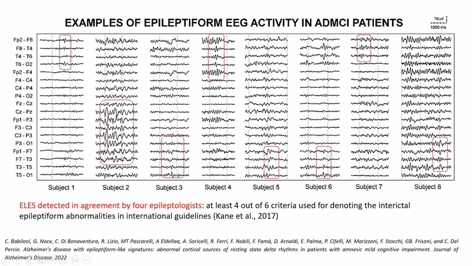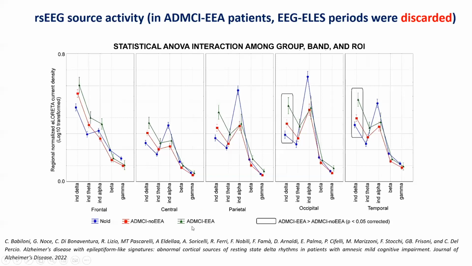And when you compare Alzheimer's disease patients with this kind of epileptiform activity in green and patients with Alzheimer's disease MCI but no epileptiform activity in red, you see no significant difference in alpha between the two groups, but the patients with Alzheimer's disease MCI and epileptiform activity showed higher delta source activity in occipital and temporal areas in comparison with the other MCI patients.